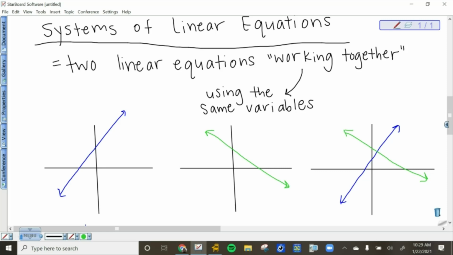We're looking at the way two lines interact with each other, how they work together.